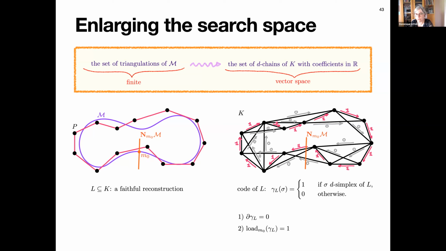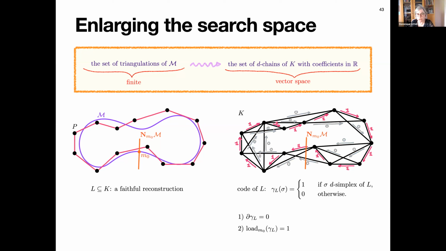And it turns out that the code of L, because L is a faithful reconstruction, enjoys two properties. Its boundary vanishes, so it is a cycle, and the load, computed at any point M0, is equal to 1. This property we call normalized.